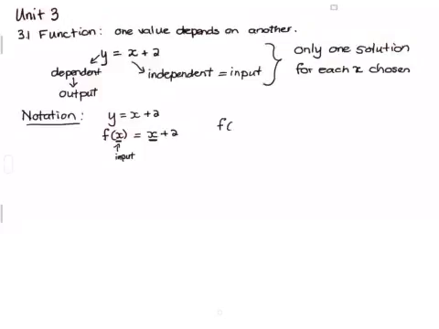So if I say work out f of 2, then you put a 2 in the place of x. If I say work out f of negative 2, you would put a negative 2 in the place of x. And the 4 and the 0 are then your output.